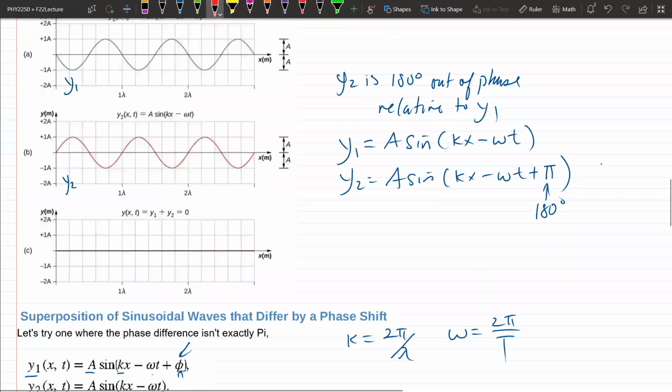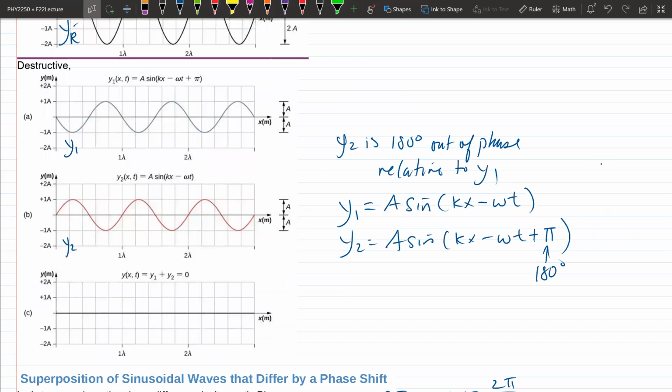And that's the second case here, where these two waves are shifted by a factor of just pi, or 180 degrees. That makes sense? And that's how you get noise canceling headphones, by shifting the incoming wave and playing a second wave that's actually the same wave, but shifted by 180 degrees.